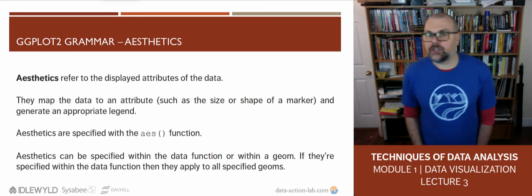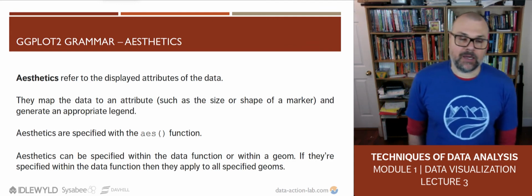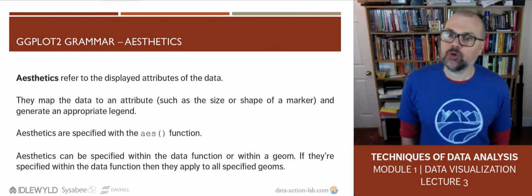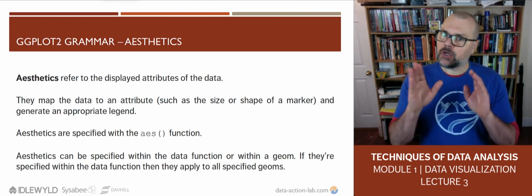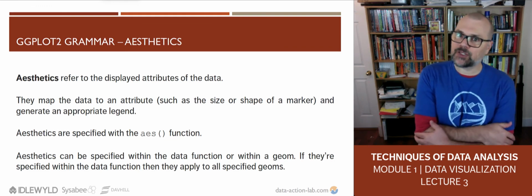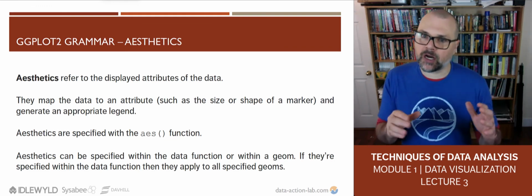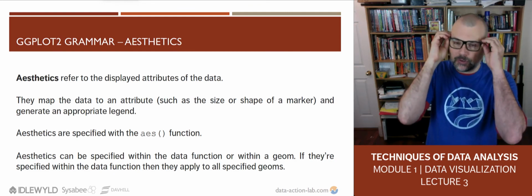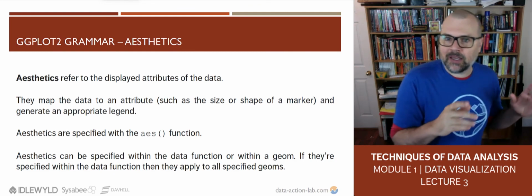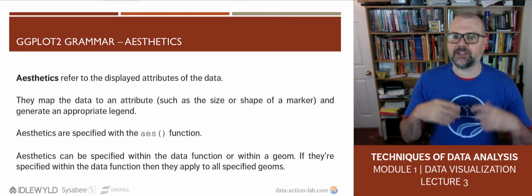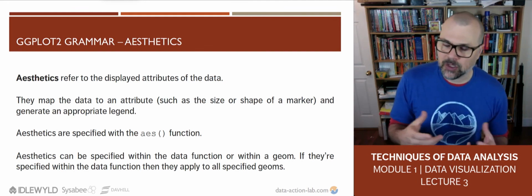So that's for the geometry. The aesthetics as well, let's talk about those a little bit. What can you put in your aesthetic functions? Do you remember perhaps last week or 2 lectures ago, I showed you a chart, a black and white scatter plot that sort of looked like nothing, and then we switched over to a color version of it that had different shapes and different sizes and different colors.